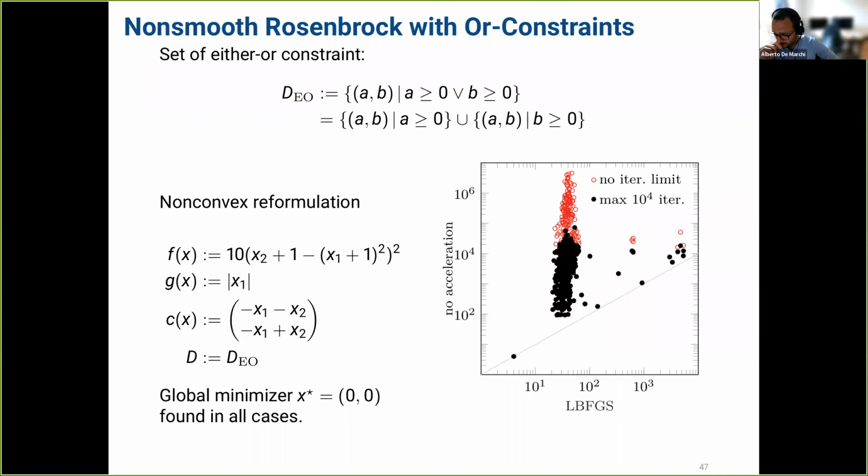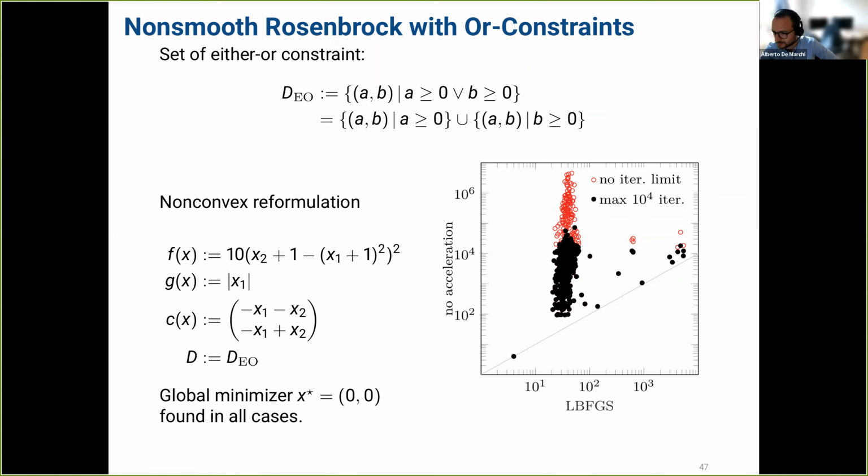And here I compare the number of total iterations, so inner iterations for the subsolver, with or without acceleration. And with acceleration, we use this BFGS approximation for the direction. And here we can see how many iterations we need without acceleration.